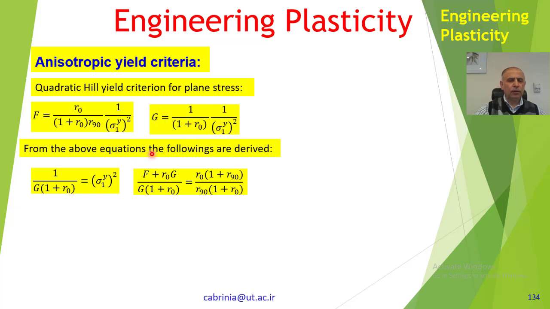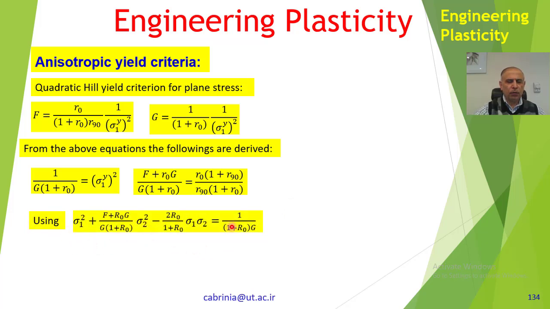So if we reverse that, we get sigma 1y squared is equal to 1 over g times 1 plus r0. Then from here, if we substitute for sigma 1y squared into this, or perhaps substitute this into that, it doesn't make any difference, we get a relationship between f and g like that. So these two relations we can use in this equation that we obtained before.